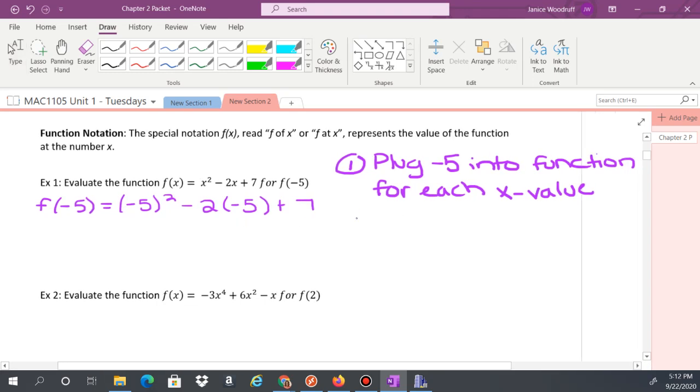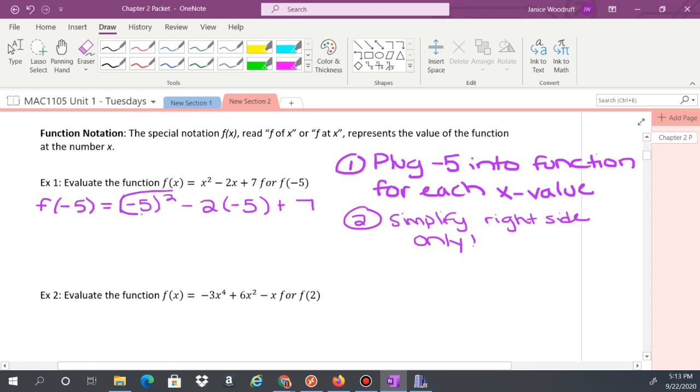Then step 2, you're going to evaluate the function, or you're just going to simplify the right side only. So I'm not even going to look at the f of negative 5 side. I'm going to look over here to the right and do order of operations.